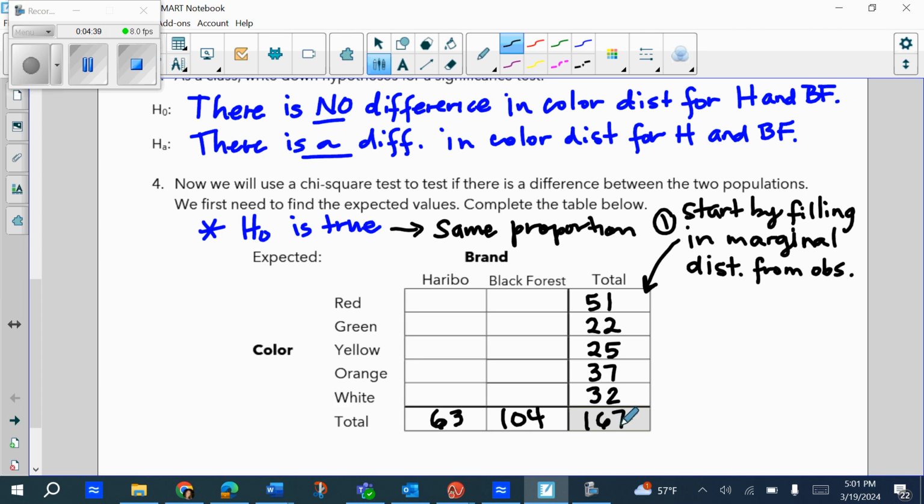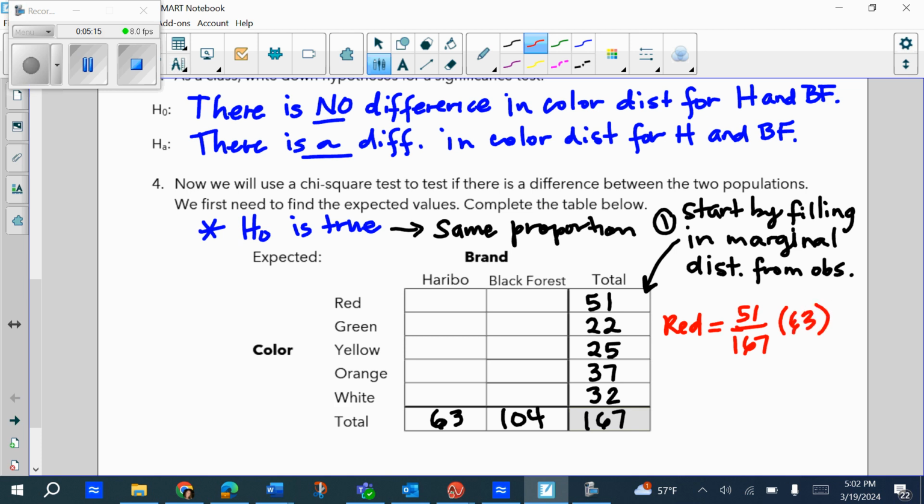Now that we have that completed, we need to figure out what proportion of red out of the entire piece. The proportion for red is 51 out of 167. That's our total. Now, if I multiply that proportion by the total number of Haribo gummy bears used, that'd be times 63.